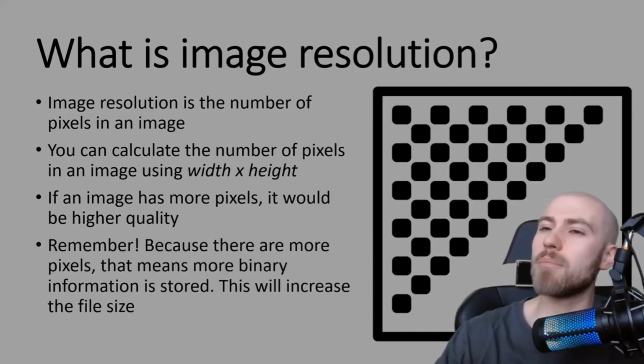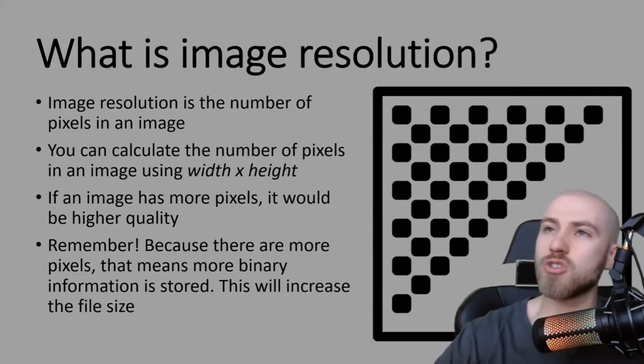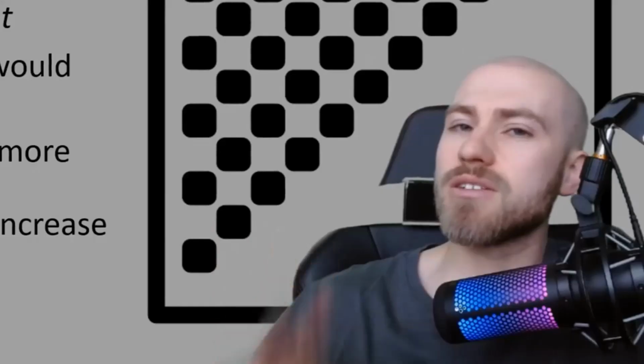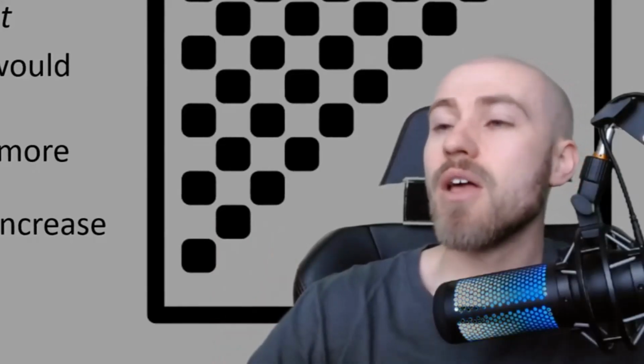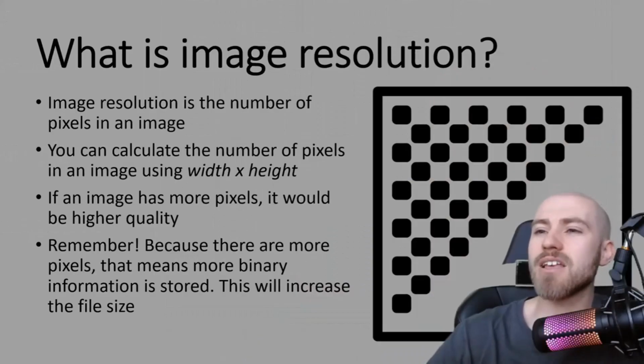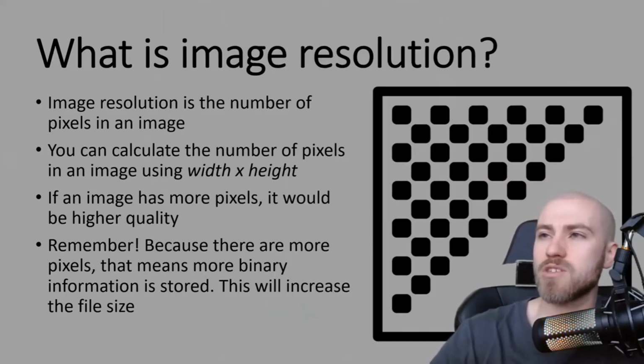However, because there's more pixels, that means you're going to have more binary information stored about that image, which means that the overall file size is going to be much bigger. So there's 2 things so far that's affected the file size. The number of pixels that are available, which is the resolution, and the number of bits per pixel, which is the color depth. So all of those pixels can be a number of possible colors. So the higher those are, the higher the file size overall.